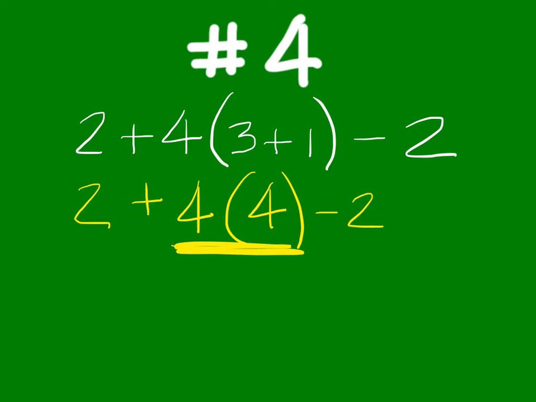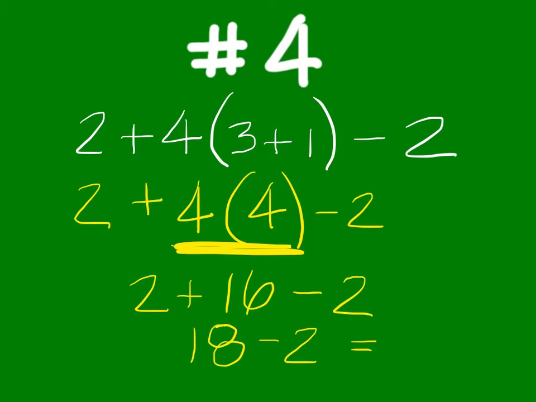What's 4 times 4? 16. Now what do I do next? 16 plus what? Yeah, 16 plus 2, which is 18. And then if I take away 2, I'm right back to 16.